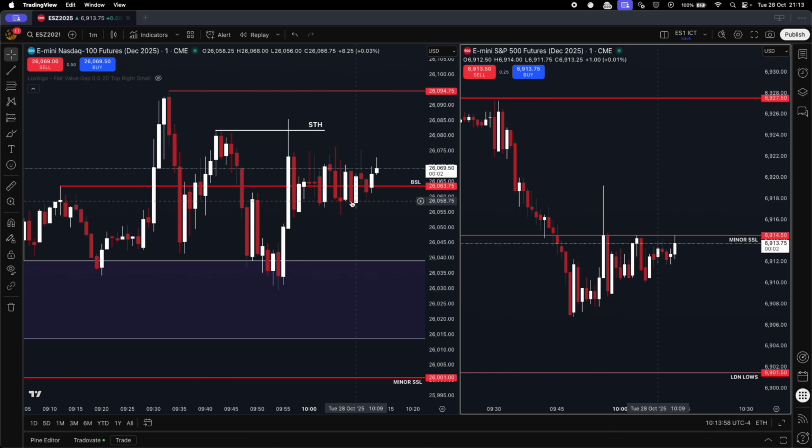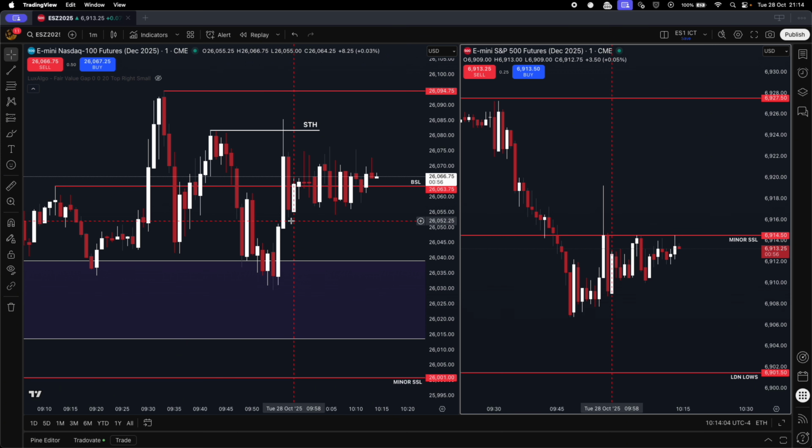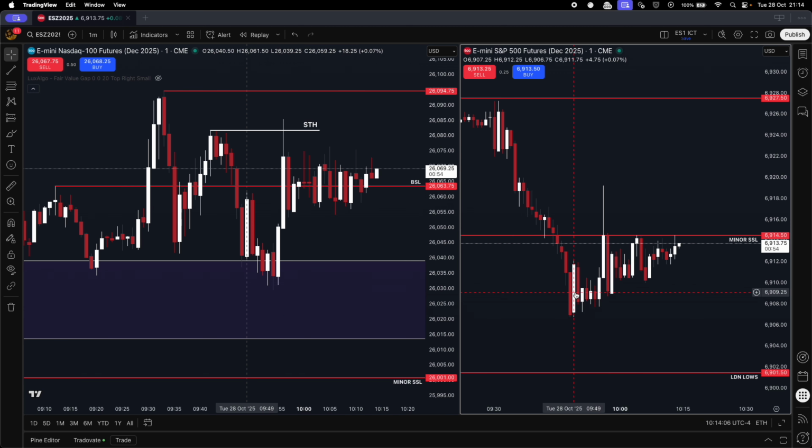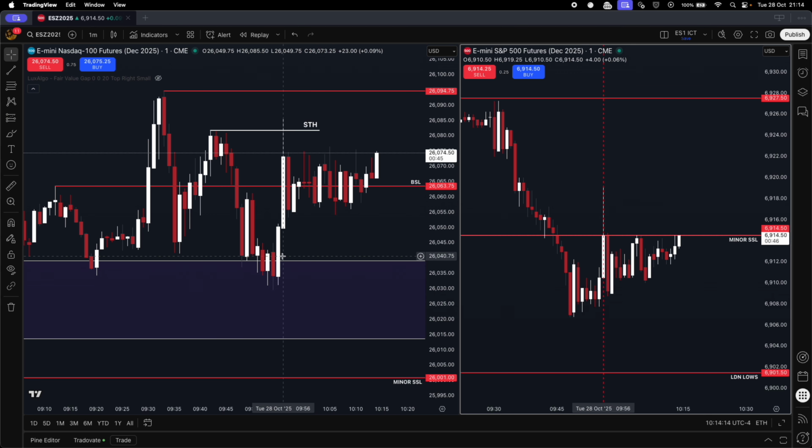Now the reason why we didn't take this long here, which you can see, is because when price shifted market structure, yes, we do have an inverse of a bearish order block paired with the gap on ES, a shift on both, a sweep of sell side on ES and a bullish SMT on NQ.